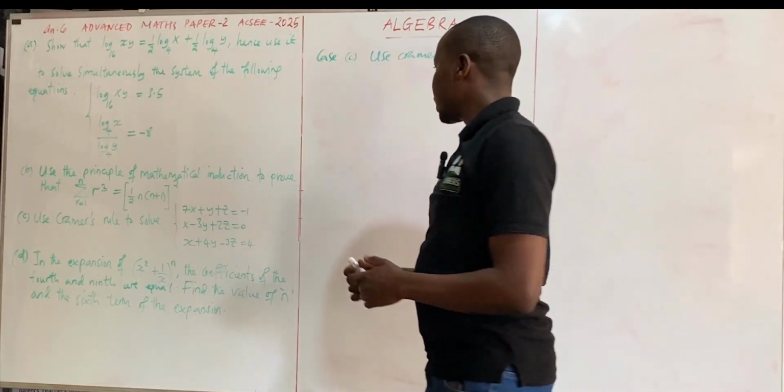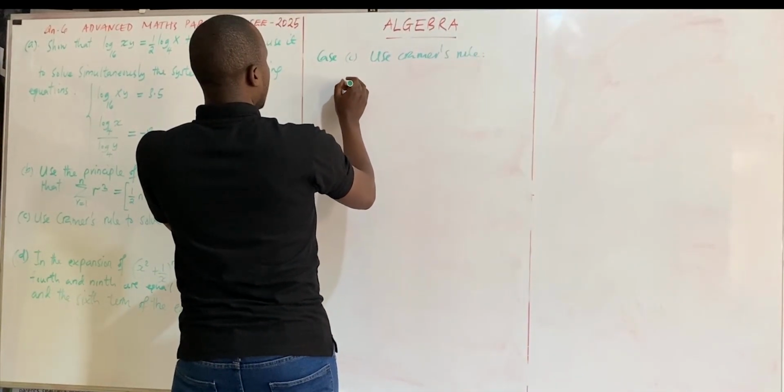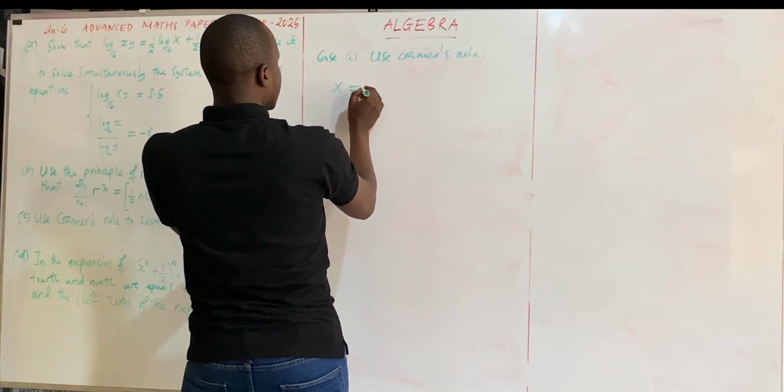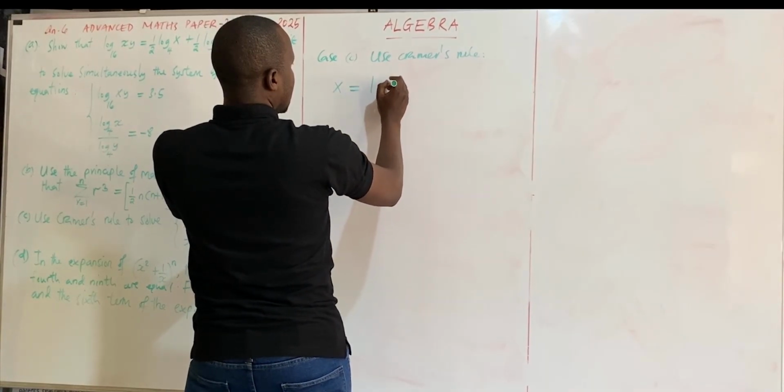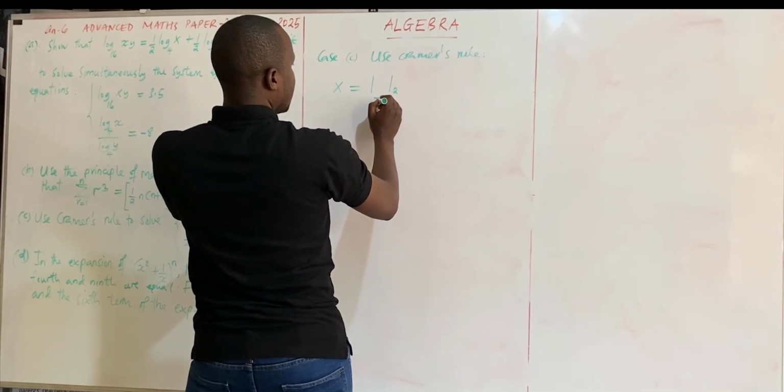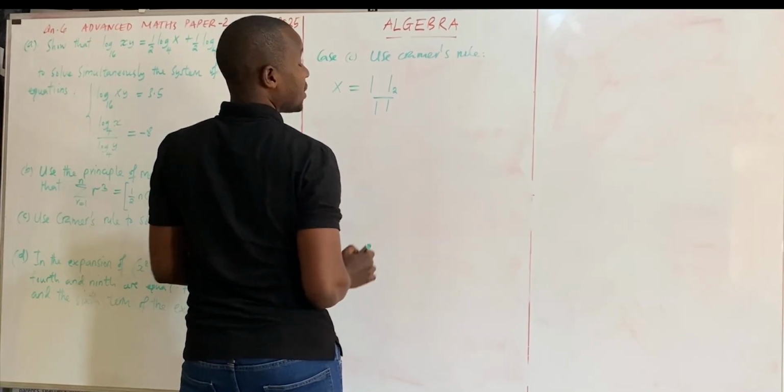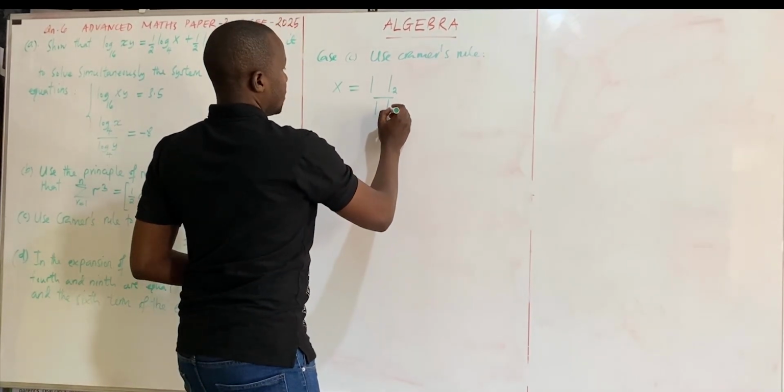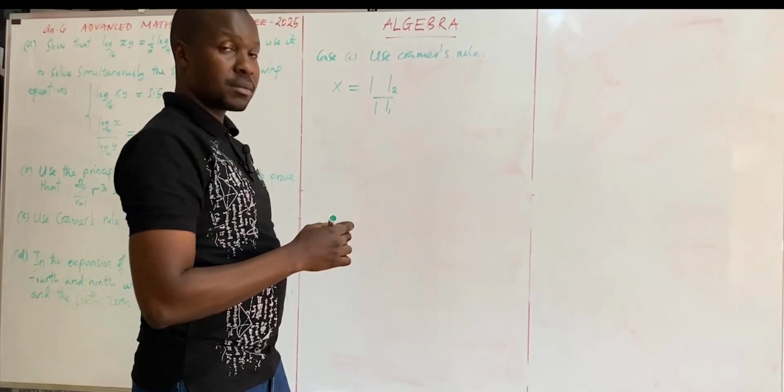And how is it done now? If we want the value of x, we take the second determinant, we divide by the first determinant. This is the original determinant of that matrix.